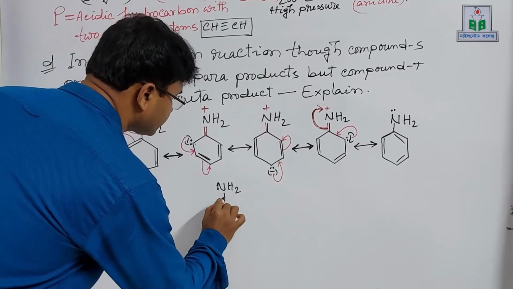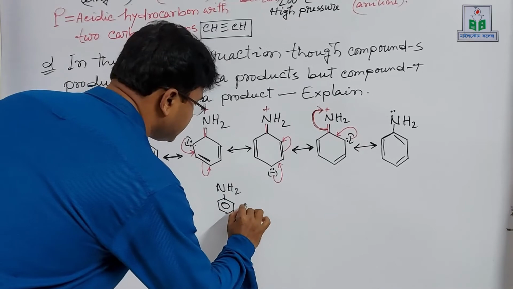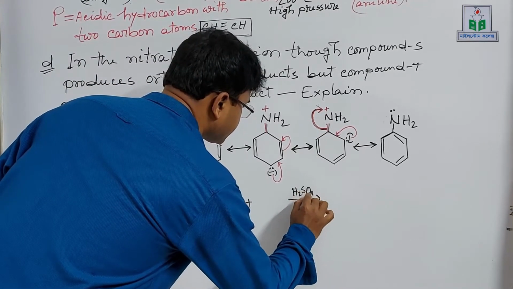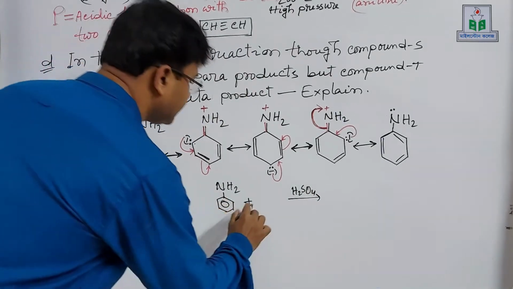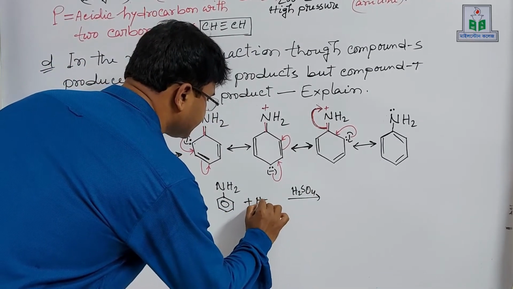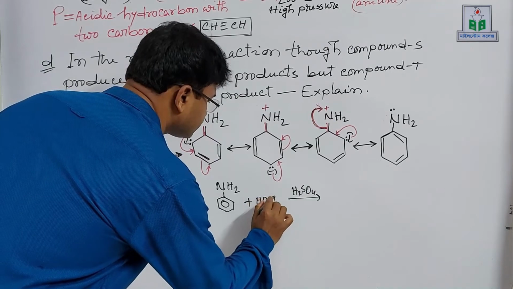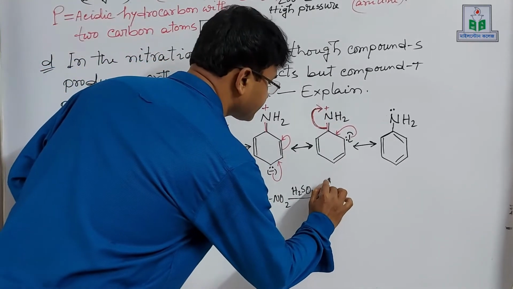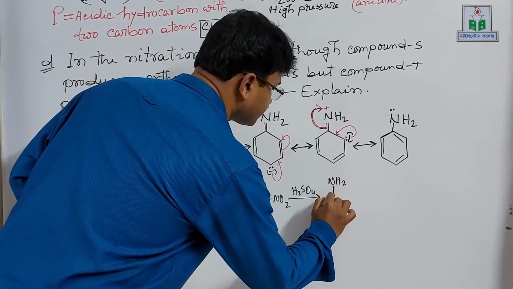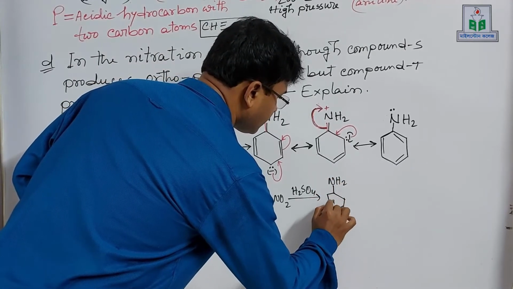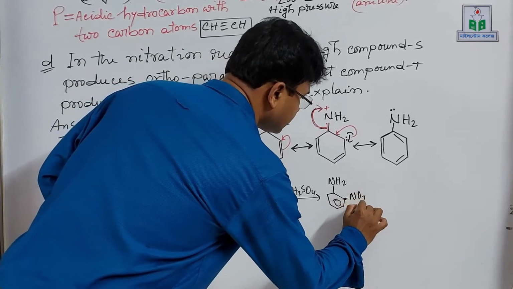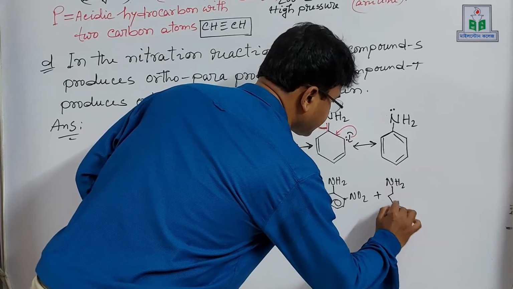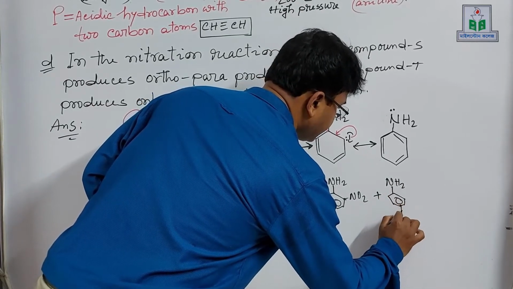Aniline, in the presence of sulfuric acid, reacts with nitric acid to produce orthonitroaniline and paranitroaniline.